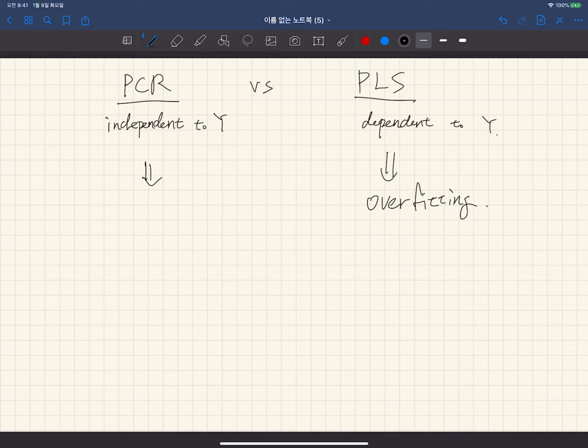Okay, so I strongly recommend using cross-validation to decide whether to use PCR or PLS, because it is very hard to say which one is better than the other. Sometimes PCR outperforms PLS, but sometimes PLS outperforms PCR.